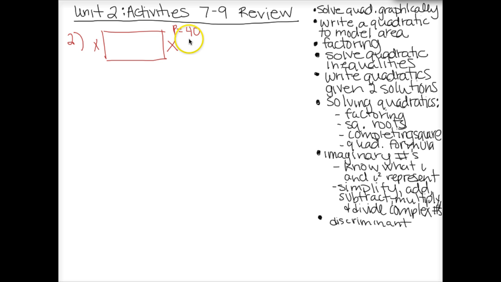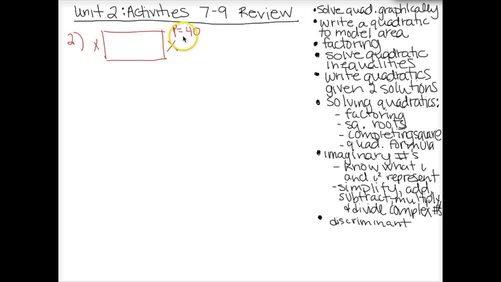The perimeter is 40, so we went through several problems like this in lesson 7-1, and then we revisited it later when we had a sum. We know that perimeter is going to be 2 of these plus 2 of these. So we know, and we've noticed a pattern with this type of problem, that the length and the width always have to add up to half the perimeter, not always to 40.